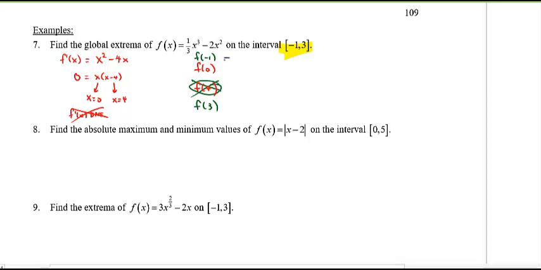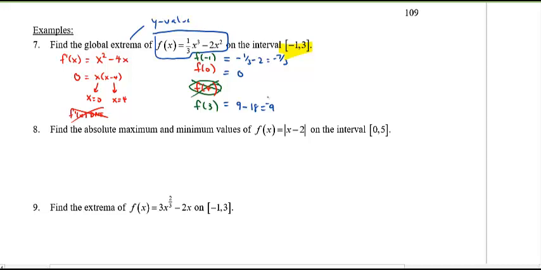So let's go ahead and plug it in. Now, I'm asking you for the global extrema. Extrema is always the y value. So you're plugging it back into, that's right, the original equation. And if you did that, we get what? Negative 1/3 minus 2, that's negative 7 over 3 for negative 1. 0 is just 0. 3 cubed is 27, divided by 3 is 9, minus 18, so that's negative 9.